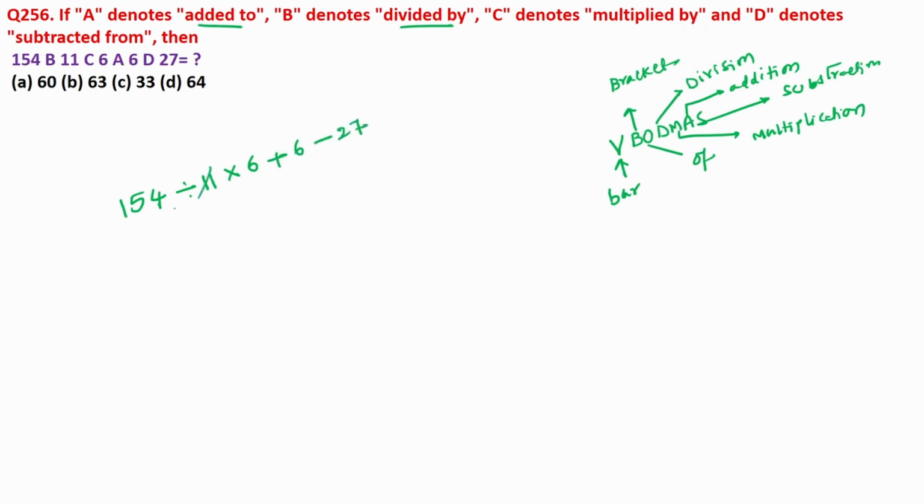First go through these concepts. As per the order, you have to do the division part first. So 11 ones are 11, 11 fours are 44. So 14 into 6 plus 6 minus 27. In the same way, 14 sixes are 84 plus 6 minus 27. The final result here, 90 minus 27, is equal to 63. 63 is the correct one.